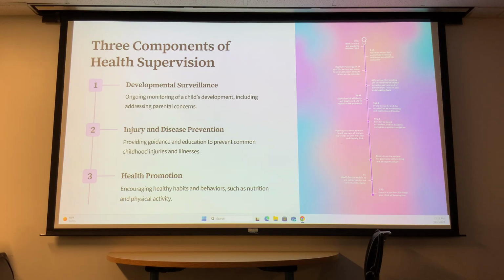Education around safeguarding your house, right? So if you've got stairs, baby gates. If you've got cabinets where you're keeping chemicals, baby locks, all of those sorts of things. All of those are going to prevent injury, right?